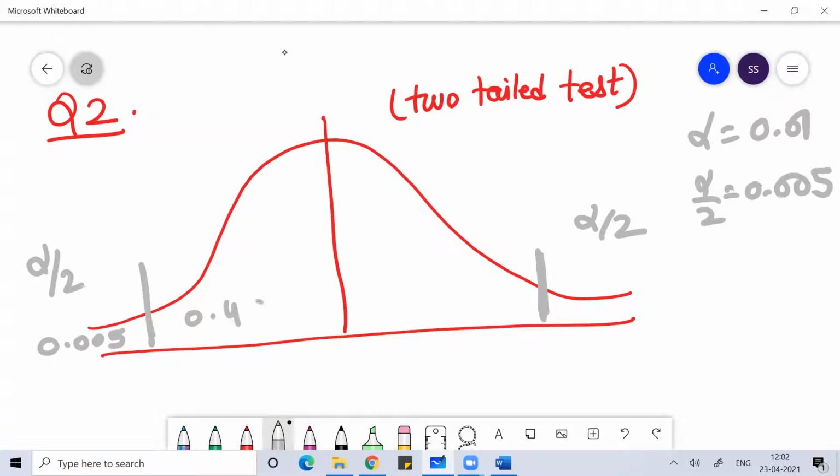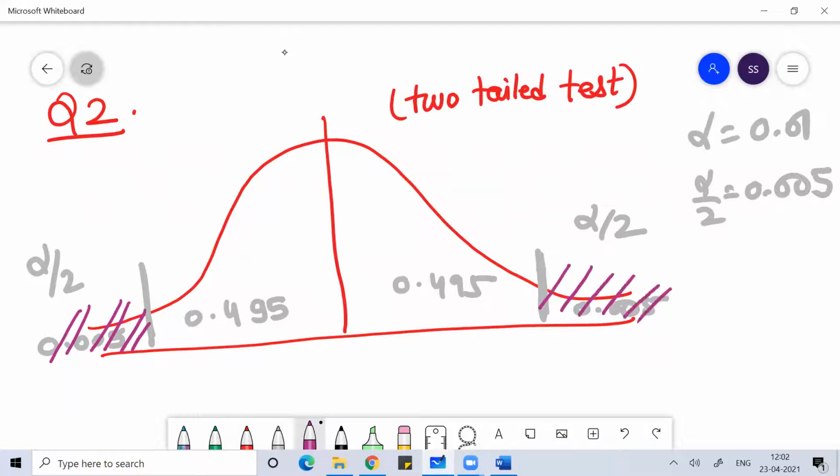This will be 0.495, right? This will be 0.495, and this will be 0.005. So this is your rejection region.